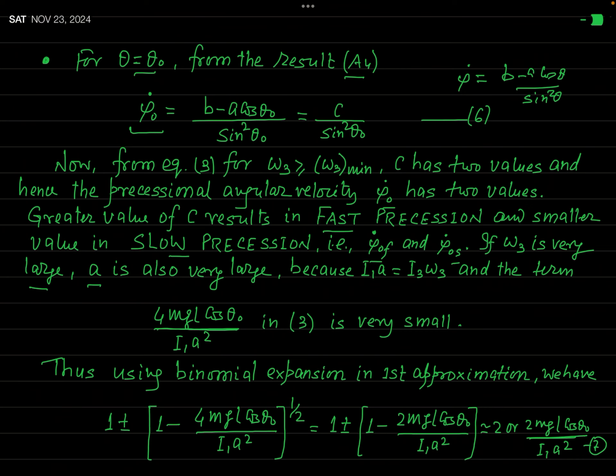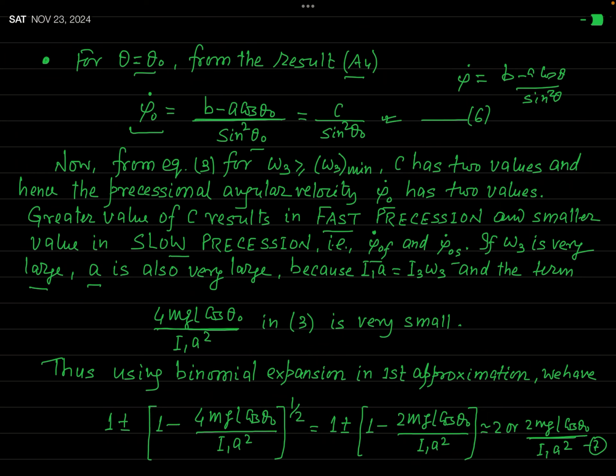Now if you put theta equal to theta naught in this result, then phi naught dot will be equal to B minus A cos theta naught over sine square theta naught. But we have assumed that this B minus A cos theta naught is equal to C. So this result is C over sine square theta naught.